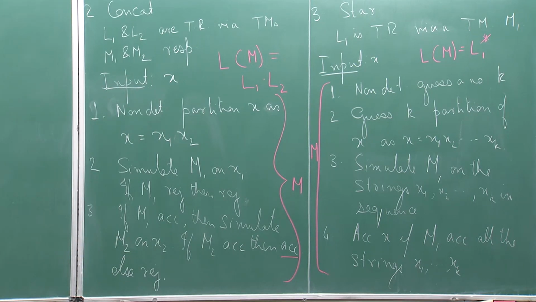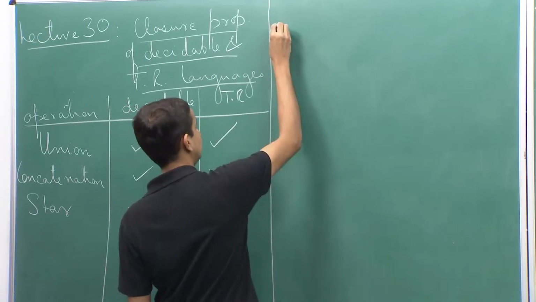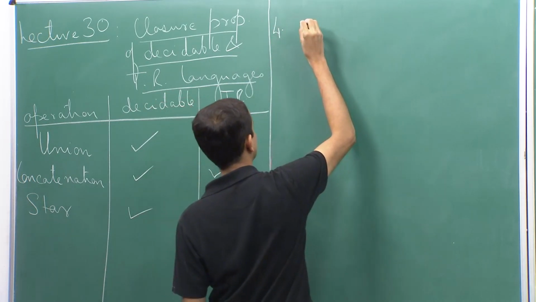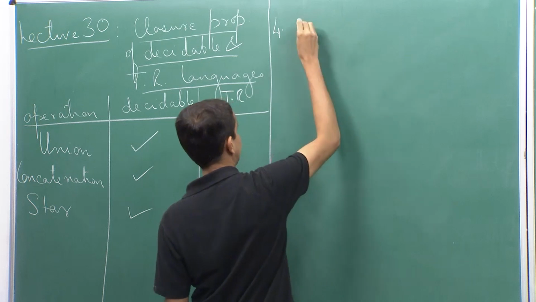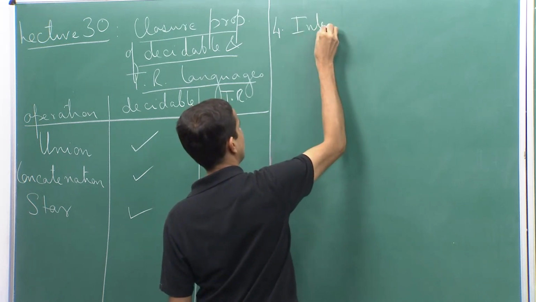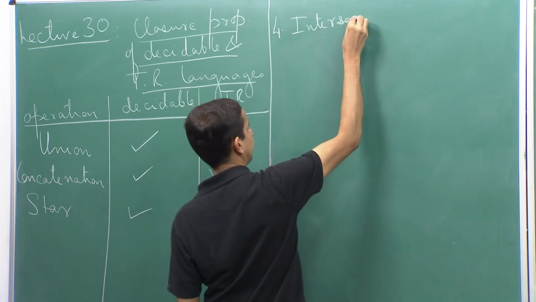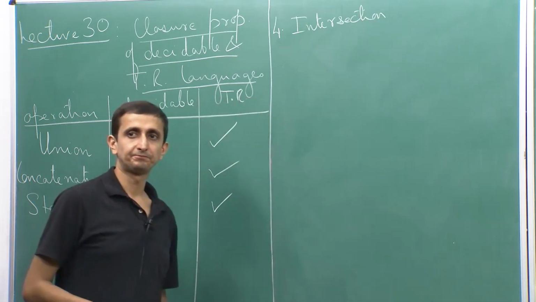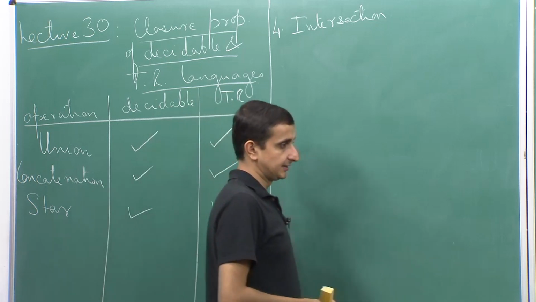Okay. So, let us look at the fourth operation, that is intersection. So, what happens to intersection?